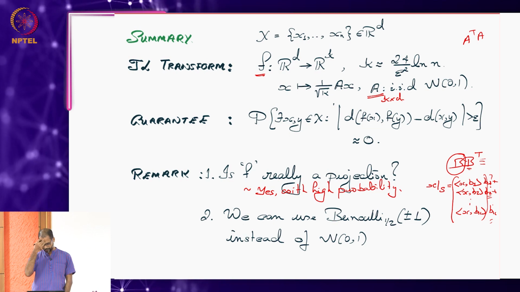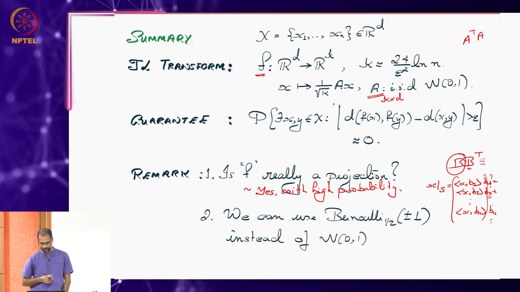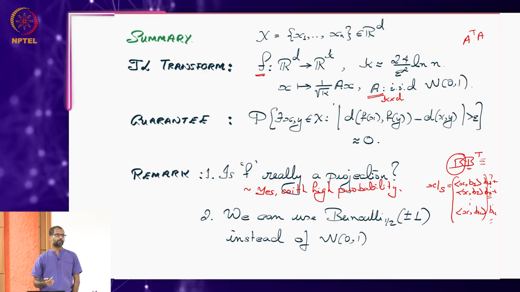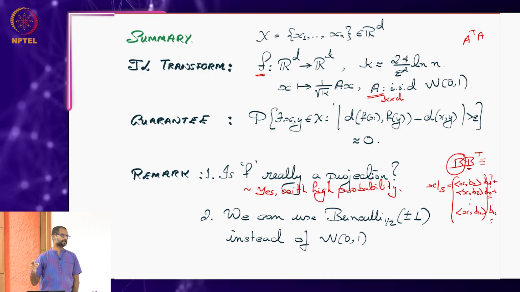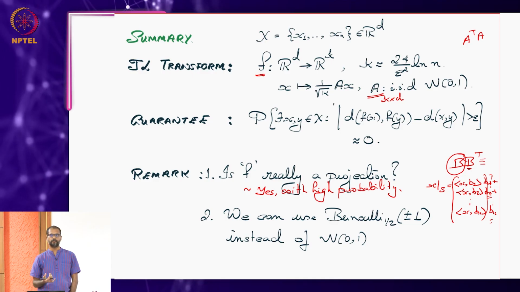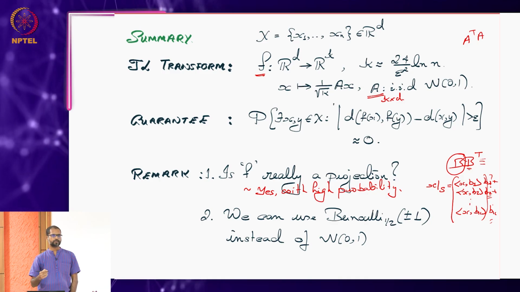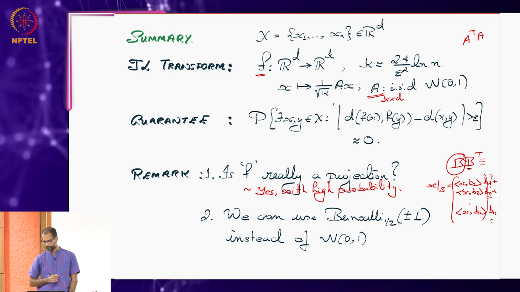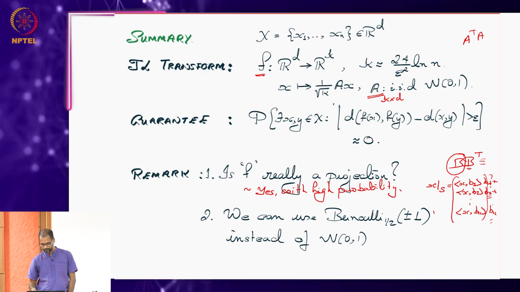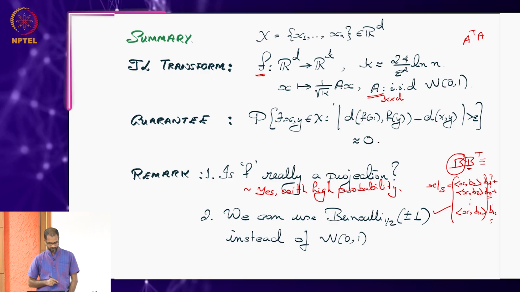I think Ravindran or Venkatesh mentioned it in one of the talks. The proof is more complicated because you do not have the property that linear combinations of Bernoullis are Bernoullis. So that part of the proof becomes a bit more difficult, but it is a well-known and well-proved result. So you can also use Bernoulli plus 1, minus 1.